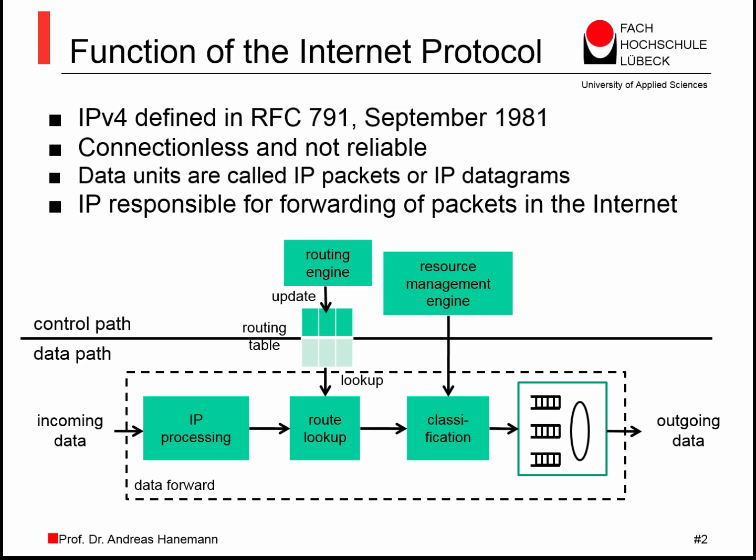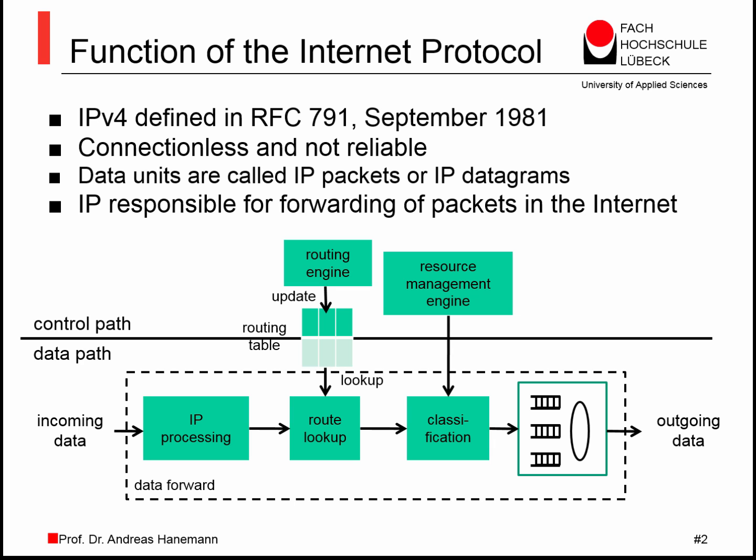In the figure we see what is happening inside of a router when the router processes an IP packet. Before we go into the details, it is necessary to mention the terms control path and data path. Control path means that packets are sent for management purposes. So there are packets which do not contain user payload but control data to make sure that the network operates in a reliable manner.